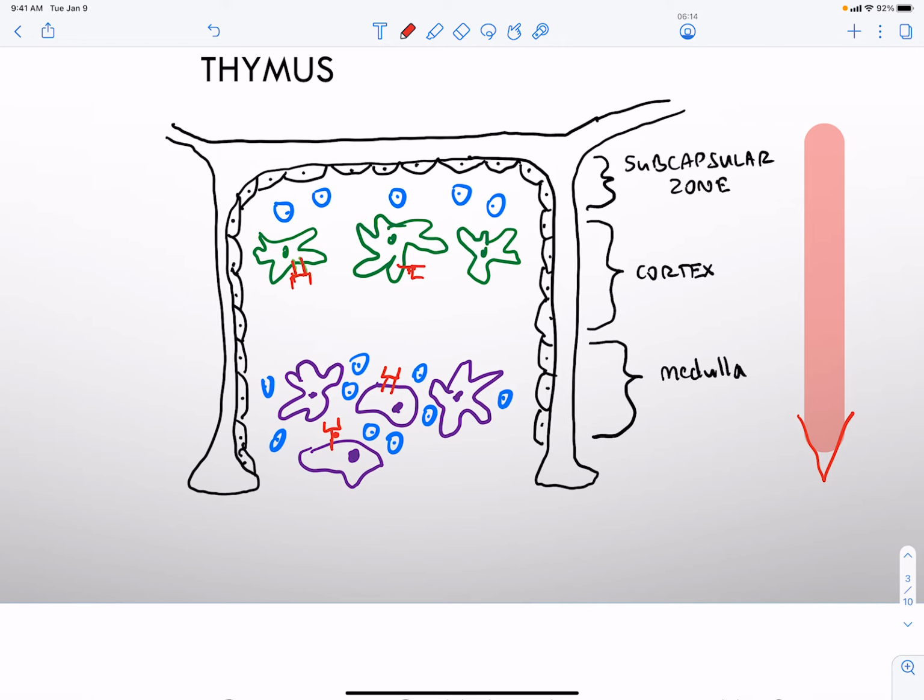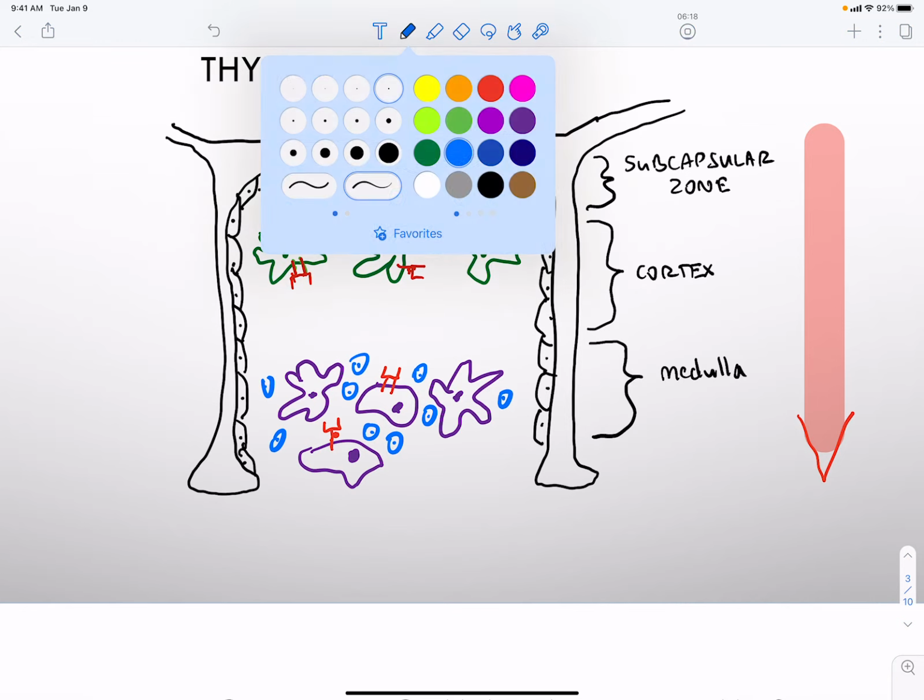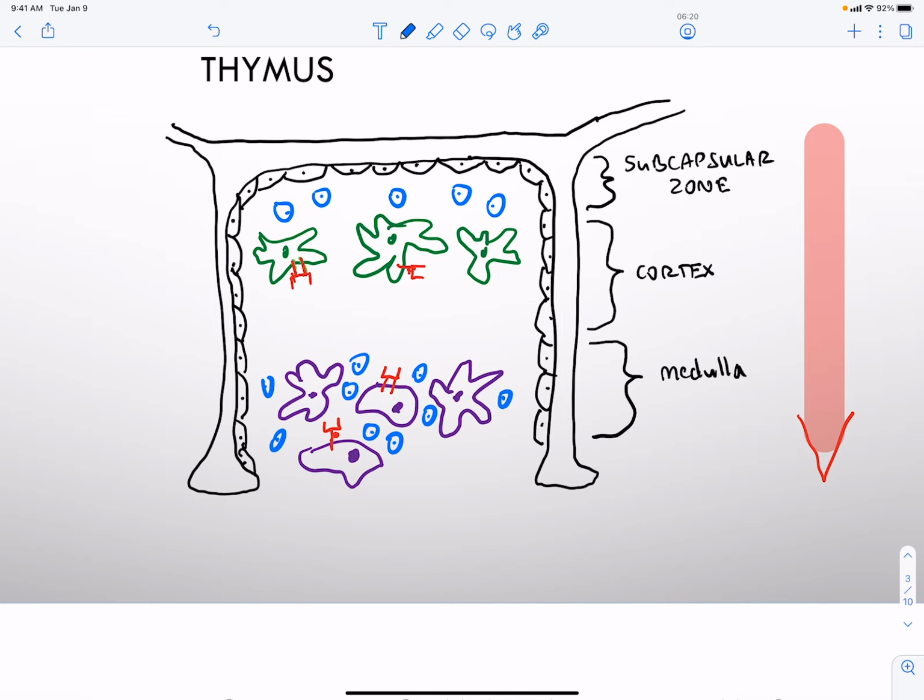There are some cells that are very important to point out, and we will continue to talk about these cells. First off, these little blue balls are our thymocytes. And these cells are going to be proliferating when they arrive.